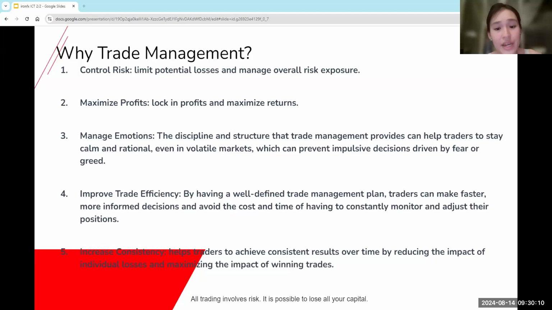By having a well-defined trade management plan, traders can make faster, more informed trading decisions and avoid the cost and time of constantly monitoring and adjusting their positions. And lastly is increasing consistency. When you follow a set of rules and you're consistent over time, you can reduce the impact of your individual losses and maximize the impact of your winning trades.